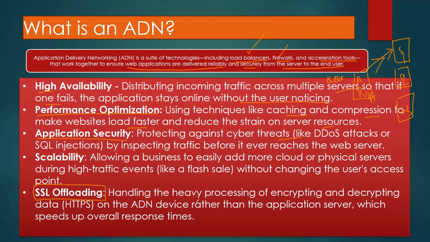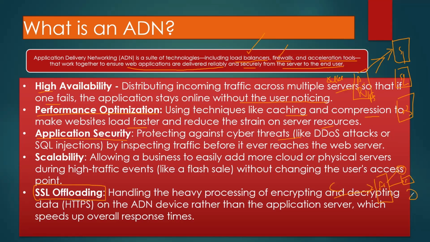SSL offloading is nothing but, while sending data, as we are aware, the F5 or ADN device acts as a full proxy architecture. So whatever traffic the client initiates to the F5 is going to the actual server, server 1, server 2, server 3.